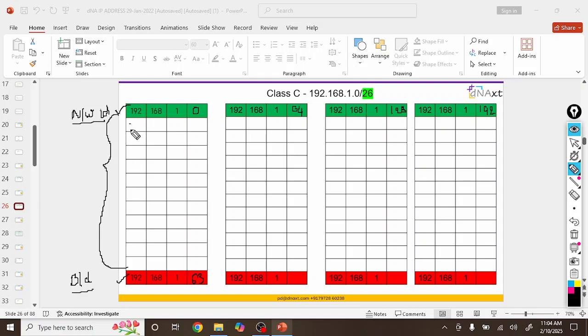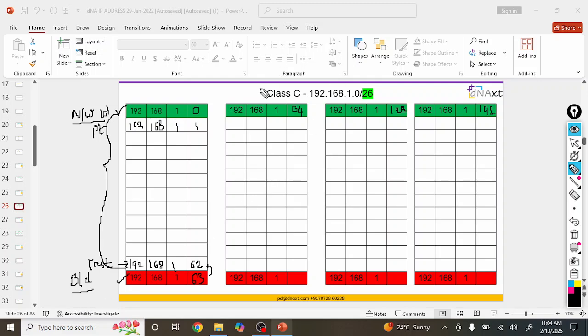So the first valid host that we will get over here is 192.168.1.1 and the last is 192.168.1.62. This is your first valid host and this is your last valid host.